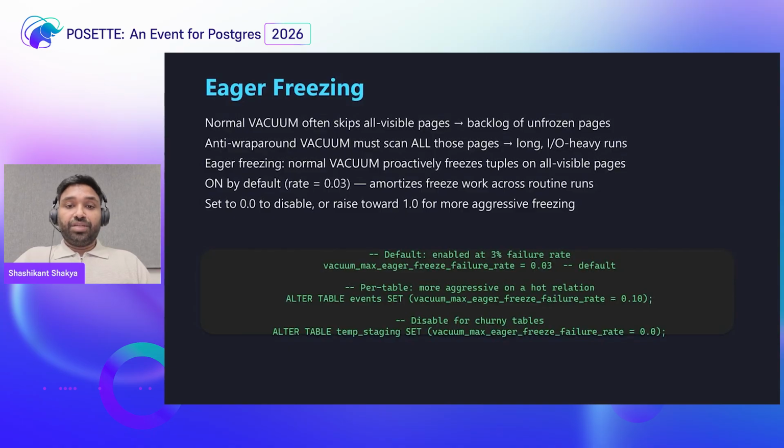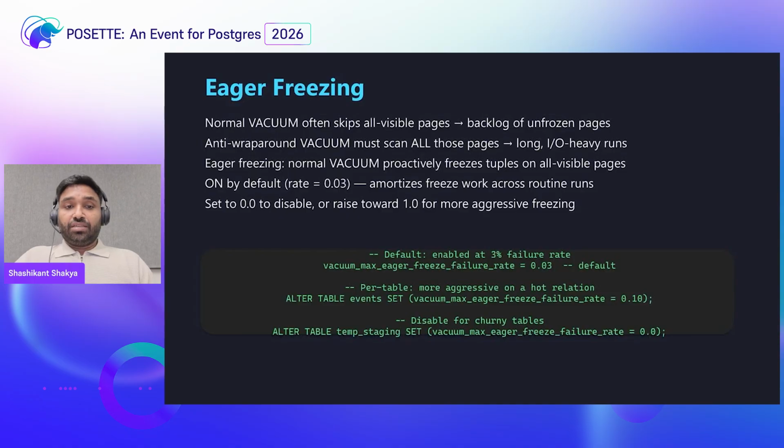And when a server reaches the wraparound thresholds, PostgreSQL forces an aggressive vacuum that scans all pages, including the pages which have been marked as all visible. These anti-wraparound vacuums are heavy, consume a lot more I/O, and can hold resources for an extended period of time.